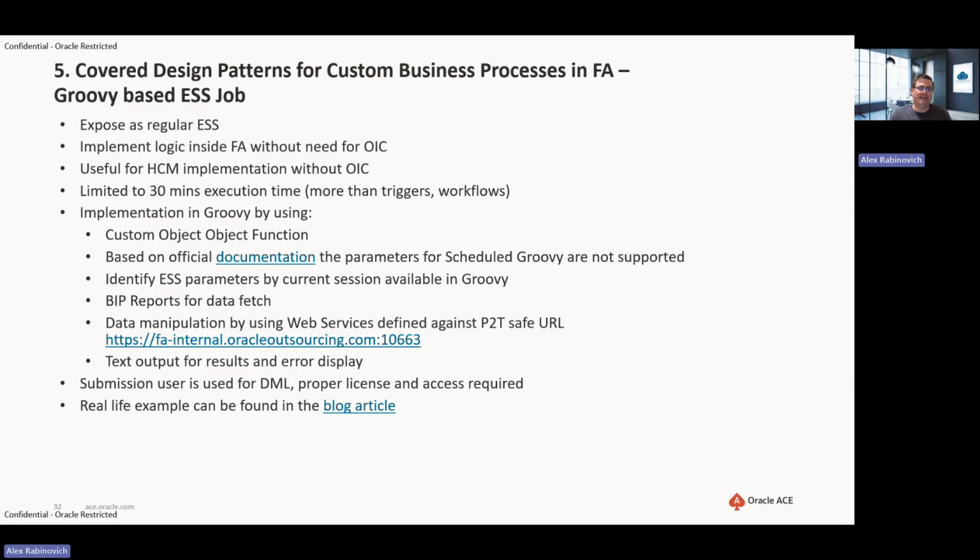We should think what REST API, what SOAP API is available by user license and access. Because if we are trying from our Groovy to call REST or SOAP API which is not available for the user, this will error out.